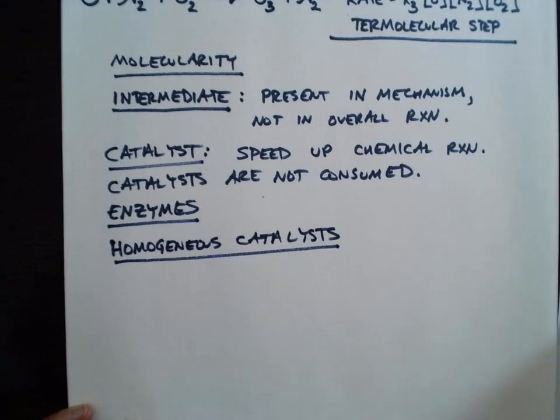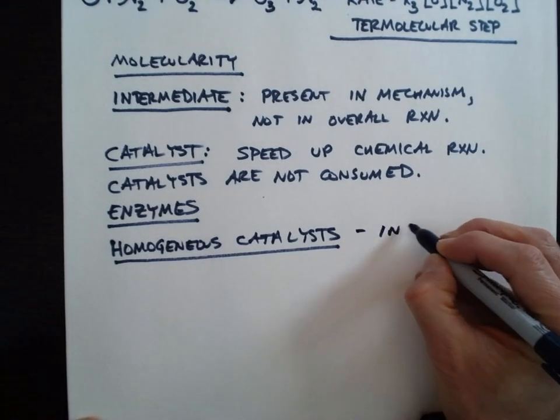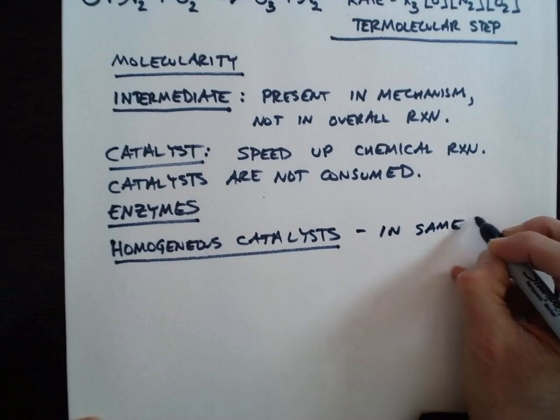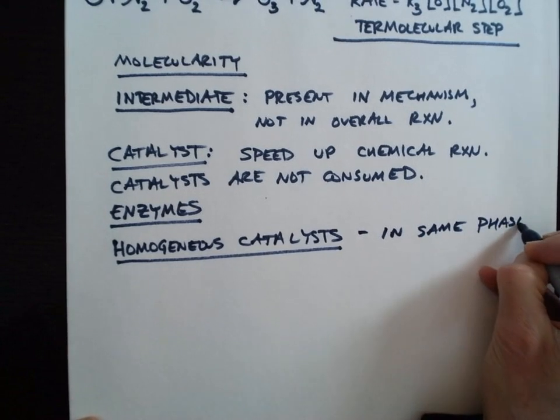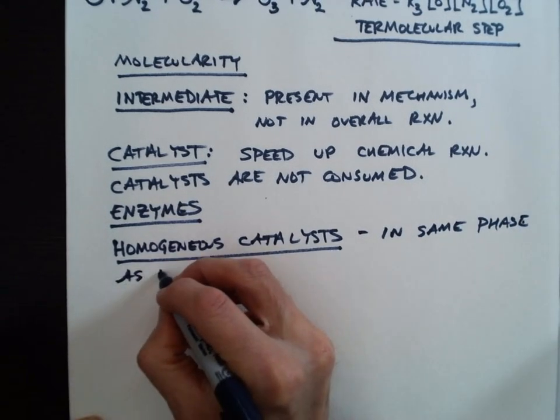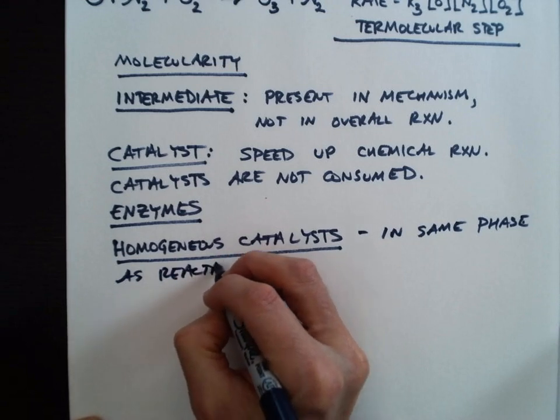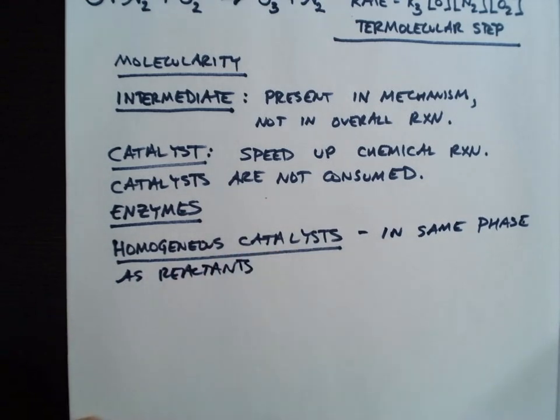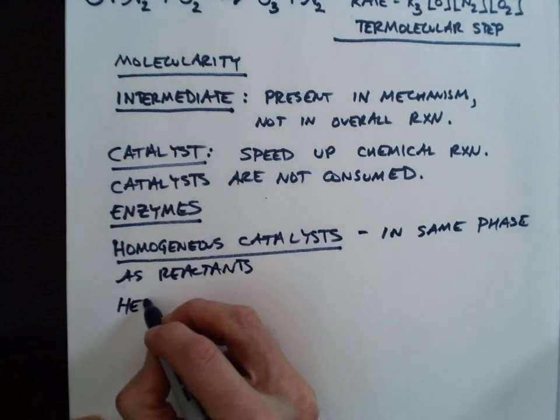Maybe they're both solids, maybe they're both liquids. Usually they're both just aqueous. So if they're in the same phase as the reactants, or they can be heterogeneous. You can have a heterogeneous catalyst.